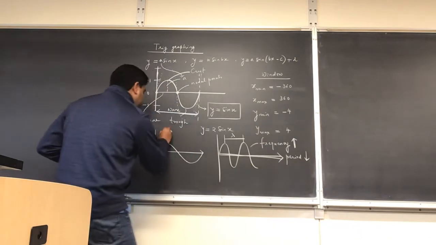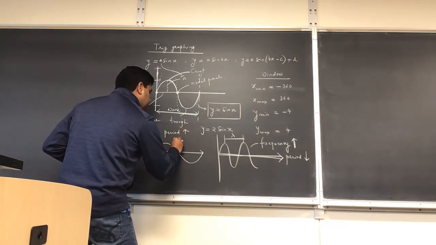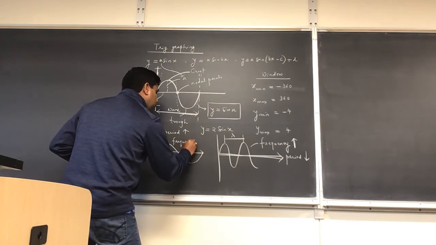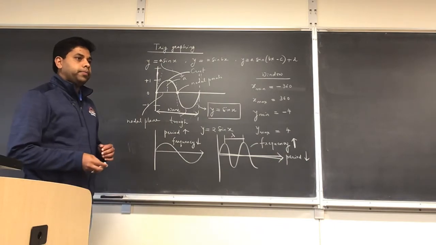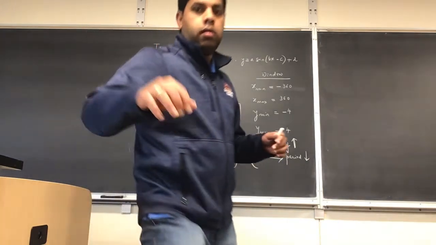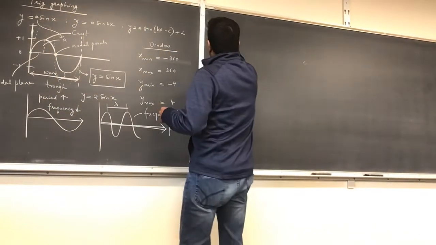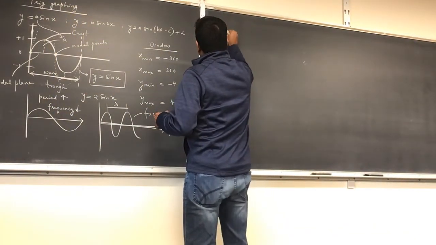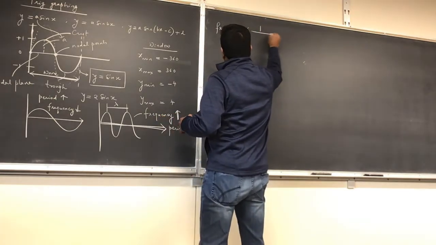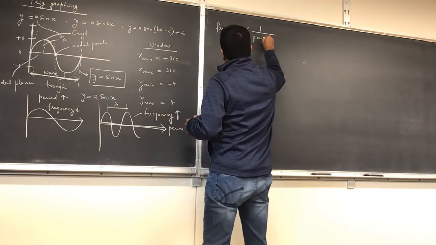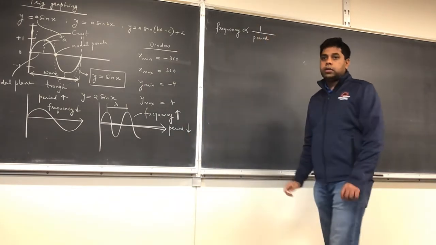And this has a longer period, smaller frequency. Because period and frequency are inversely related. So frequency is inversely proportional to period. Sounds good?